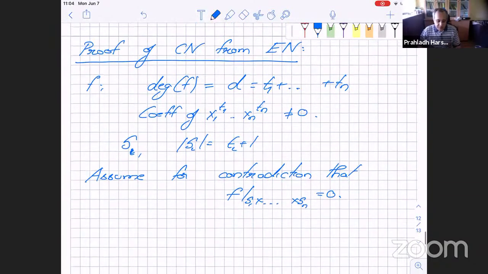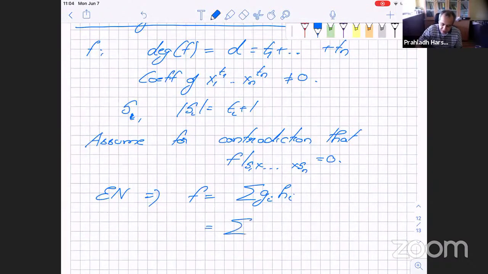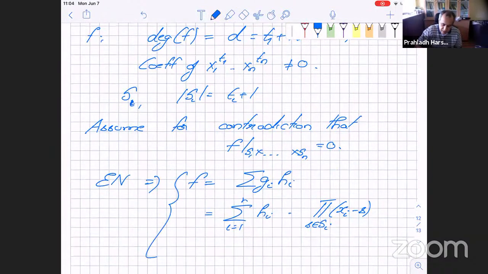Now the easy Nullstellensatz implies that f is equal to the summation of gi hi. What is this? This is the summation of hi times the product of (xi minus s) over s in Si. And the easy Nullstellensatz implies this, and the degree of hi is less than or equal to d minus the size of Si.